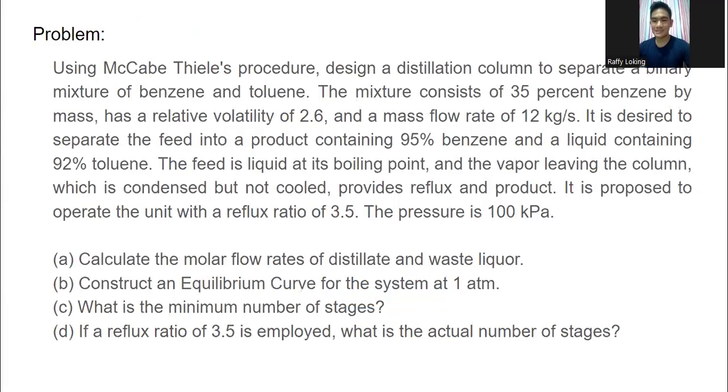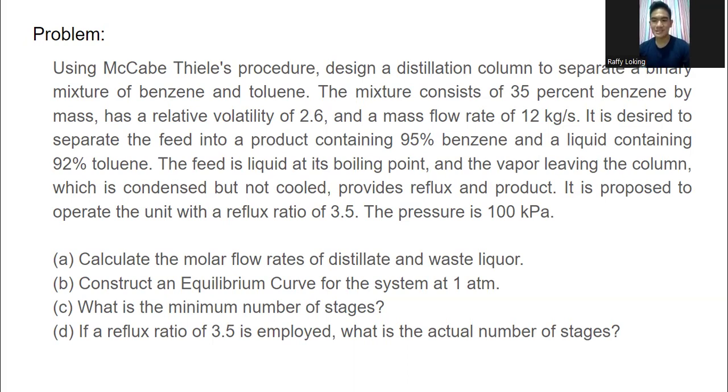The problem is: using McCabe-Thiele's procedure, design a distillation column to separate a binary mixture of benzene and toluene. The mixture consists of 35% benzene by mass and has a relative volatility of 2.6 and a mass flow rate of 12 kg per second.